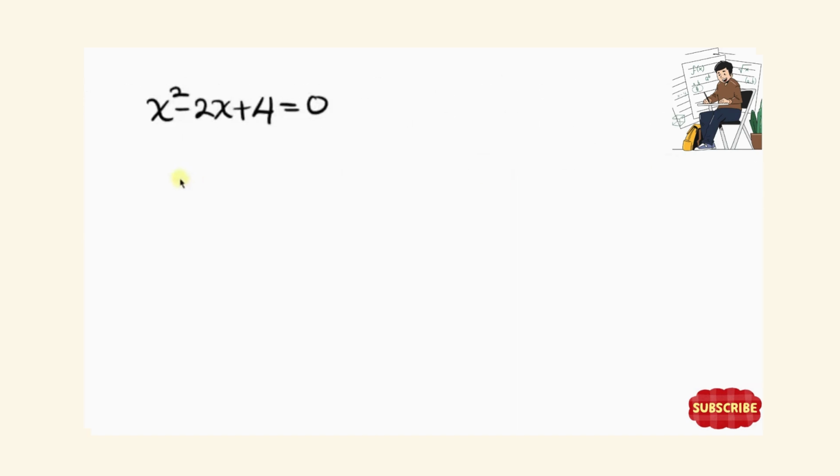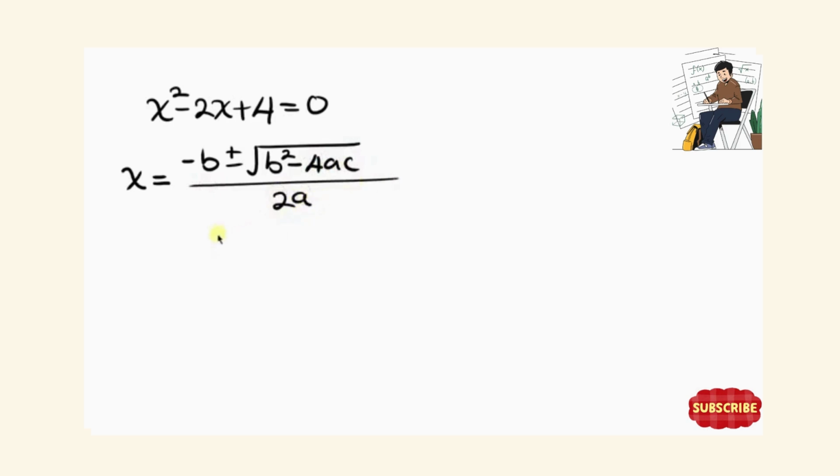So using the quadratic formula, we're looking for x. So the quadratic formula is x equal to -b plus or minus the square root of b squared minus 4ac all over 2a.